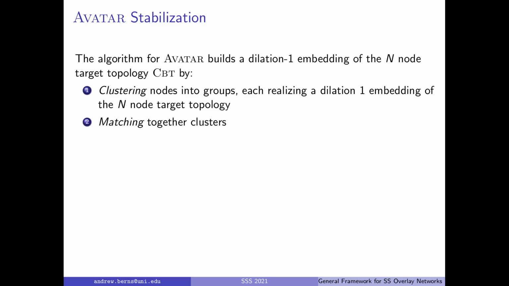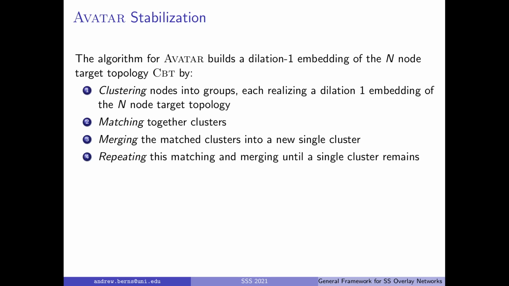We then match clusters together so that we can have them merge and make a lot of progress quickly. So we match them and then we merge the matched clusters into a new single cluster. We'll do this matching and merging over and over again until eventually a single cluster remains, and that single cluster will be the correct configuration.